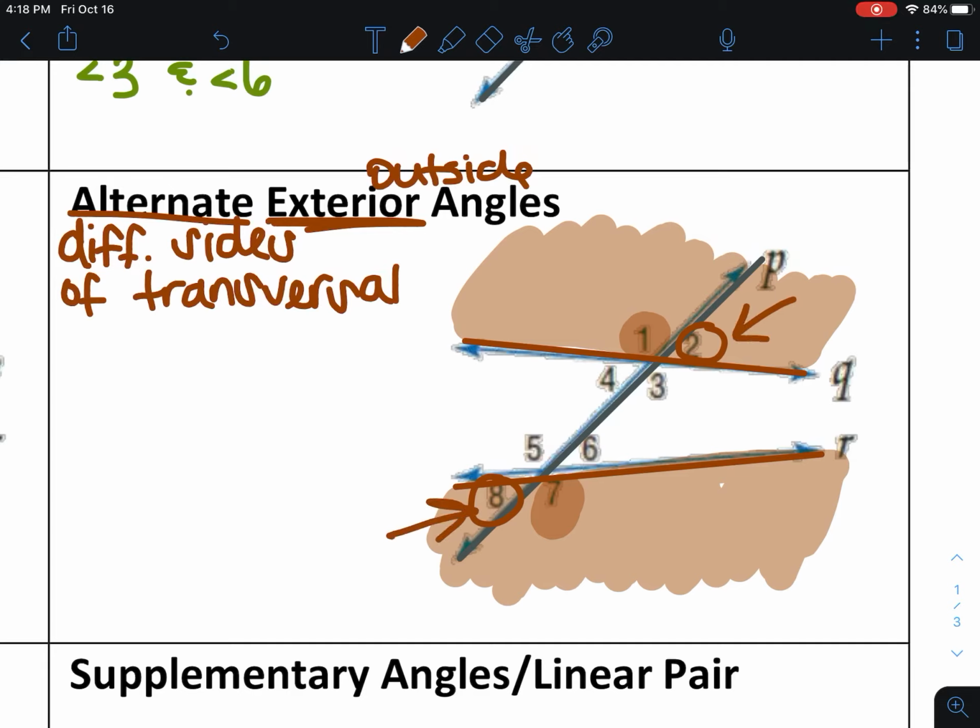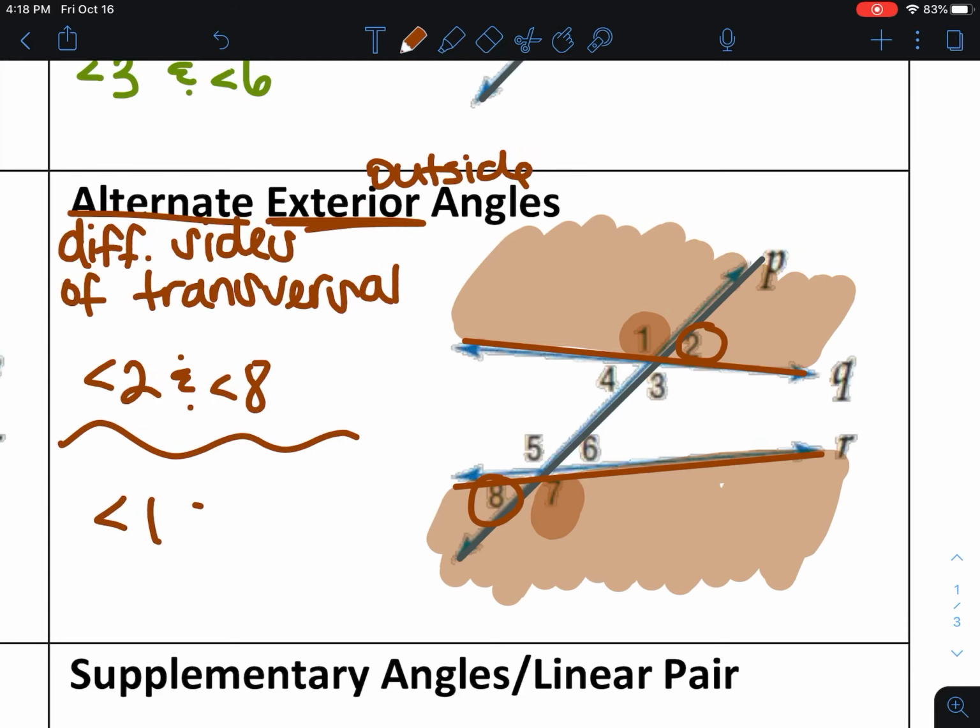They're on the outside of the two lines, and they're on different sides of the transversal. And then also we have angle 7 right here and angle 1 right there. They're on the outside of the two lines, but they're also on different sides of the transversal. So you could also have angle 1 and angle 7.